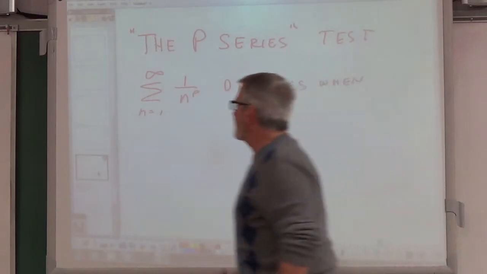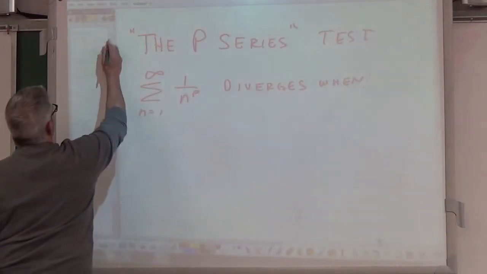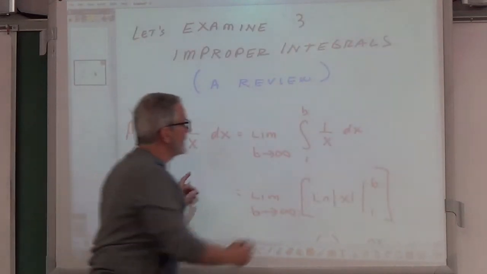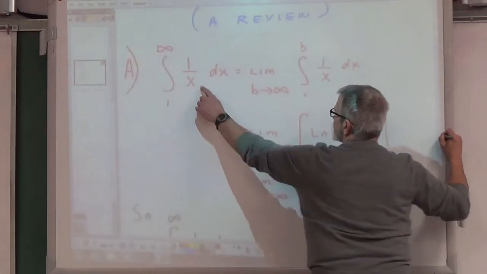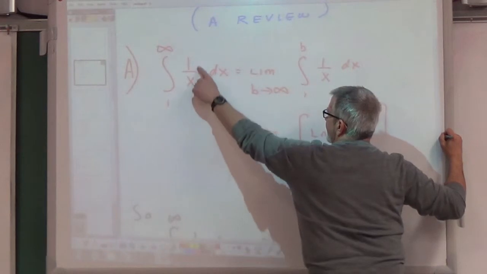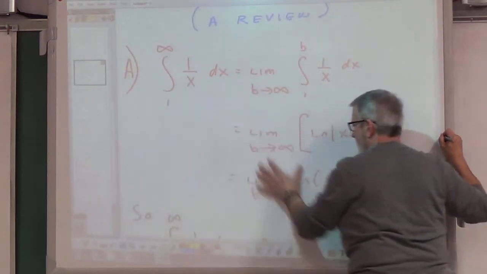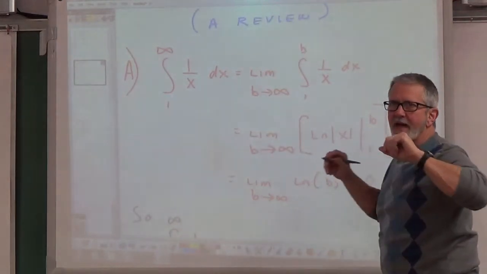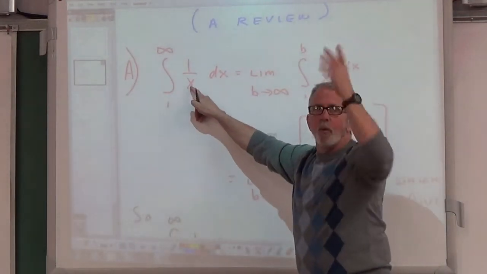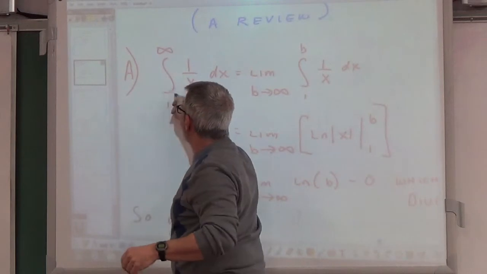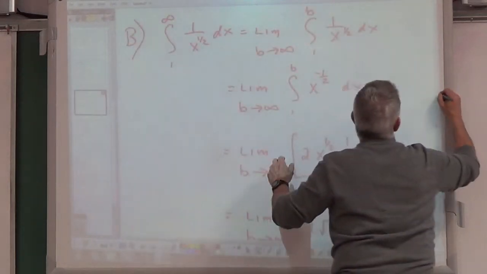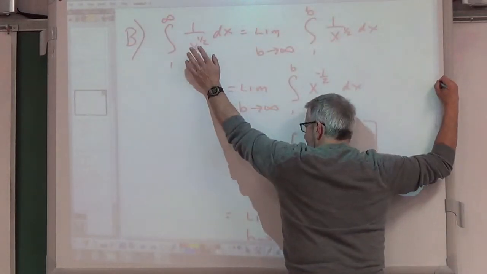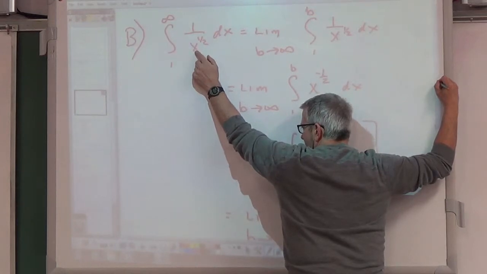And if I go back for a moment, what is the exponent of x in my improper integral examples? Here I have x to the 1 power. And what exponent do I have here, in this function?